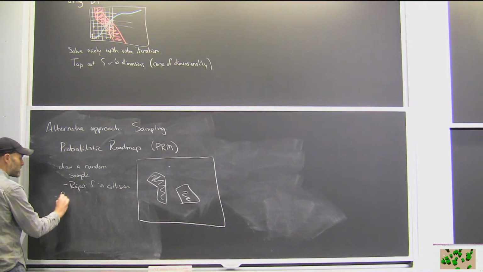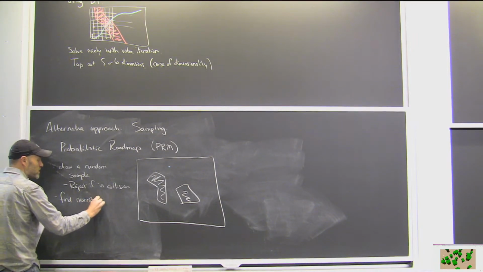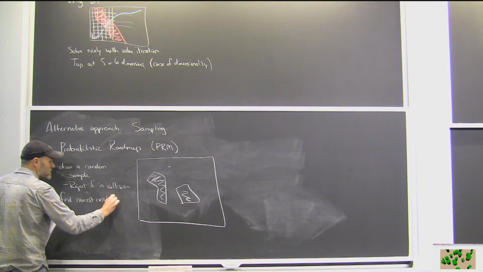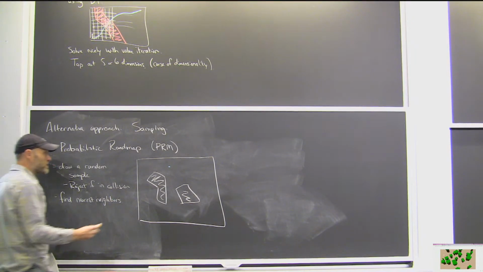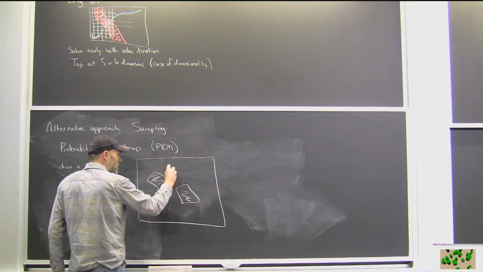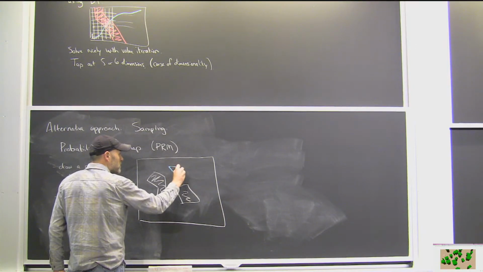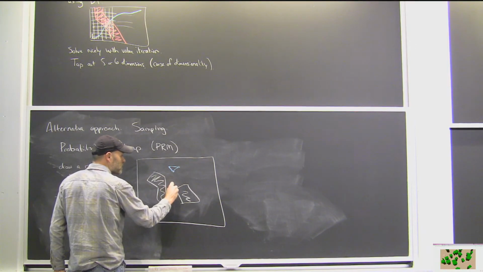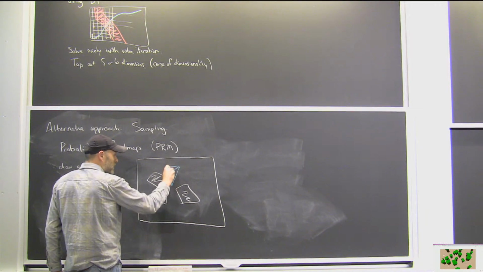And then find your nearest neighbors. There's different ways to do this, but typically you'd say something like find all of the previous samples that you've drawn that are within some radius, and draw an edge between them. So as I start adding nodes, I'll just start connecting to the existing nodes in my diagram.